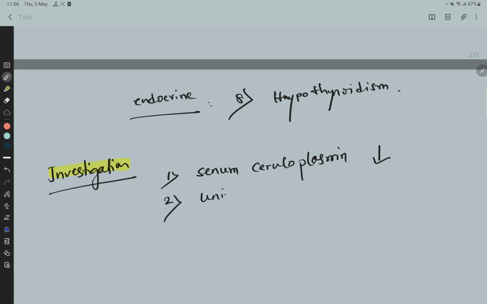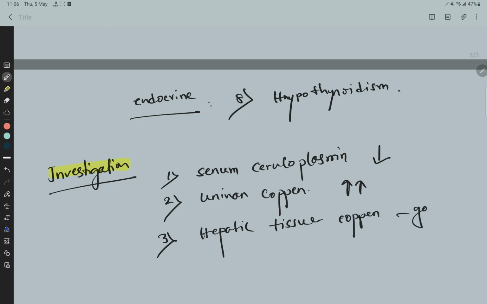And urinary copper: copper cannot be excreted through bile, so the urinary copper excretion will be high. Number three is hepatic tissue copper. It is the gold standard test. So hepatic tissue copper is a gold standard test.